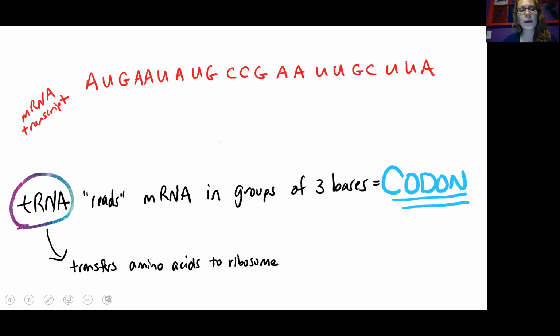All right, so here is our mRNA transcript that we made earlier in transcription, hence the name. It's going to be the job of our tRNA to come in and read the mRNA transcript and bring the correct amino acid. What we see is that the tRNA reads the mRNA in groups of three, and we call these groups of three bases a codon.